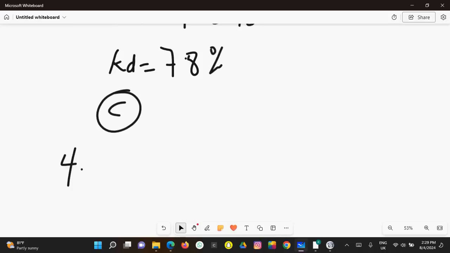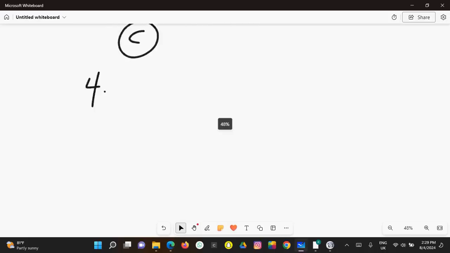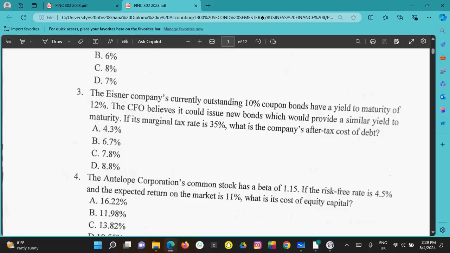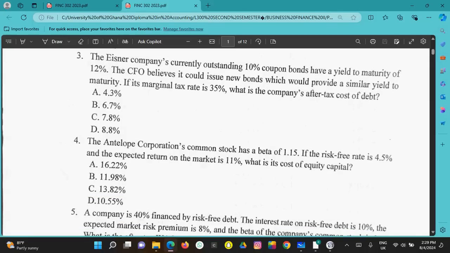So question 4. The Antelope Corporation common stock has a beta of 1.15. If the risk-free rate is 4.5% and the expected return on the market is 11%, what is the cost of equity?